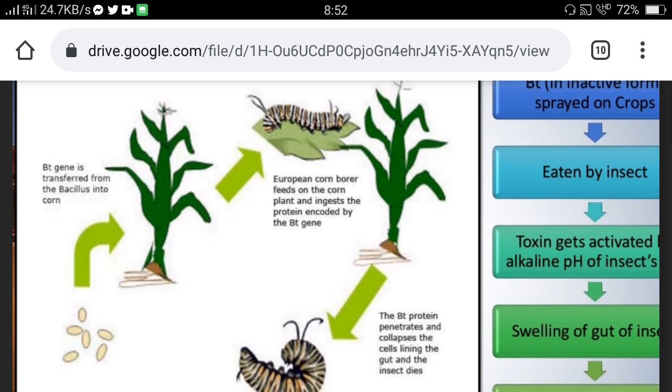See the life cycle of Bt plants. The Bt gene is transferred from the bacillus into the corn. The European corn borer feeds on corn plants and ingests the protein encoded by the Bt gene. The Bt protein penetrates and collapses the cells lining the gut and the insect dies.